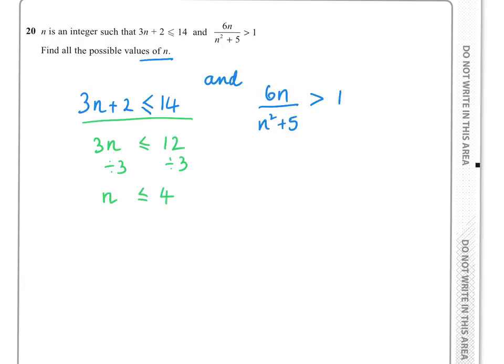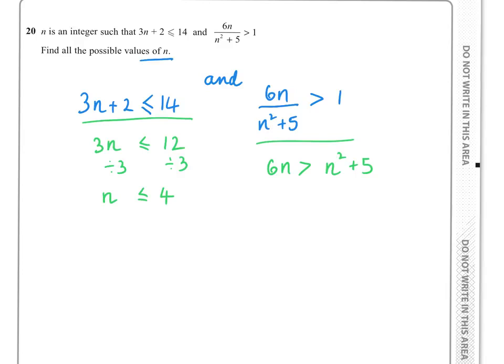If we look at this one here, we can times both sides by n squared plus 5. And the reason that the inequality sign won't change is because n squared is always positive, and if we add 5, that's also positive. So we're just timesing both sides by a positive number, so that's not going to change the inequality sign.